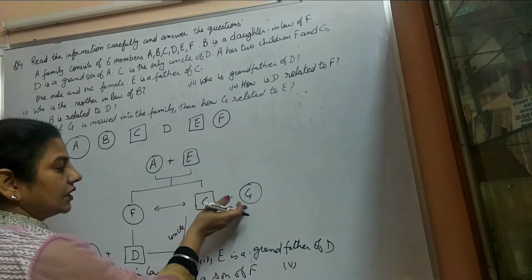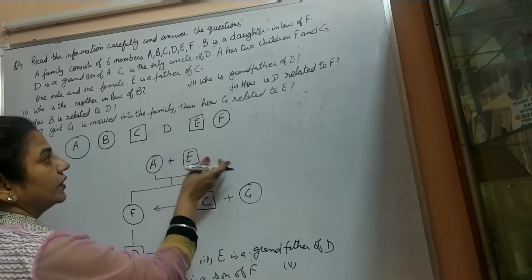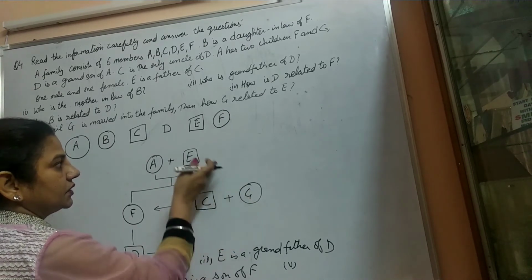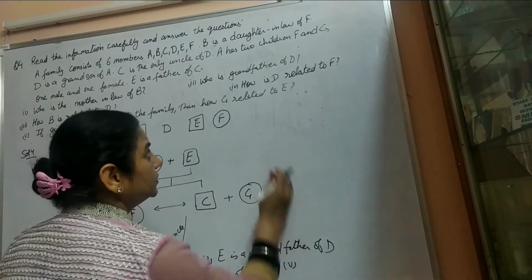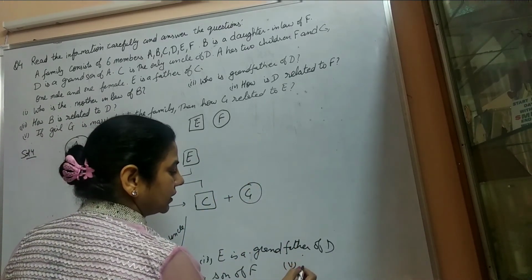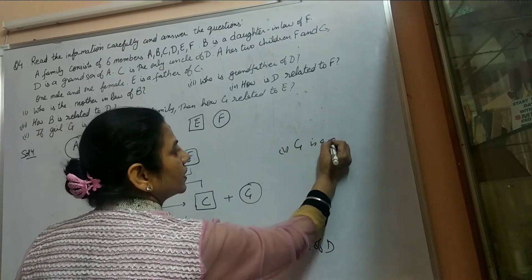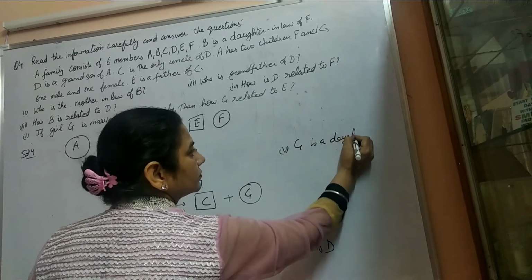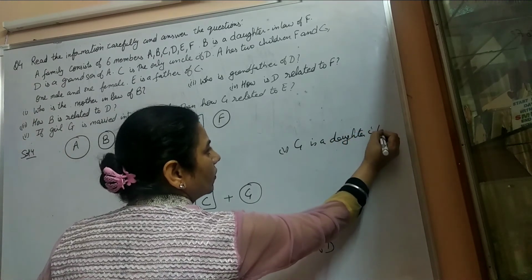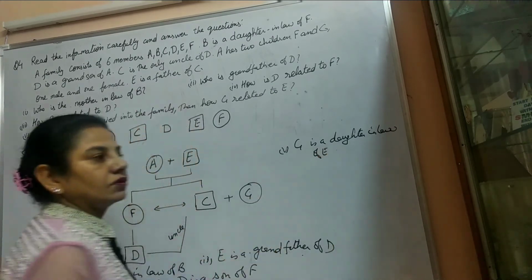So G related to E means G is a daughter-in-law of E. I will write here that G is a daughter-in-law of E.